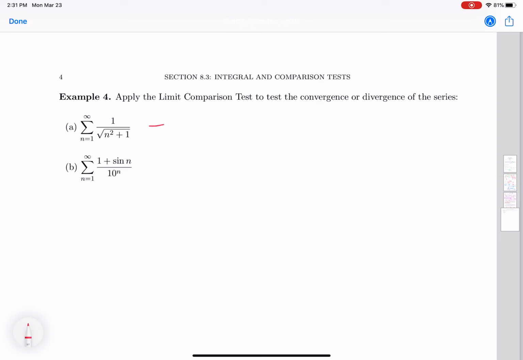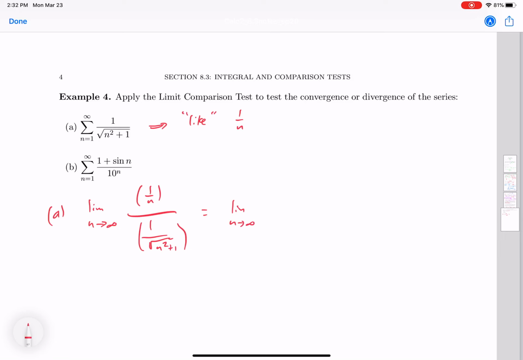So for this one, we wanted to say that it's like 1 over n. So for the limit comparison test for A, we would say, okay, let's take the limit as n goes to infinity. I think it's like 1 over n, and I'm going to compare that to 1 over the square root of n squared plus 1.